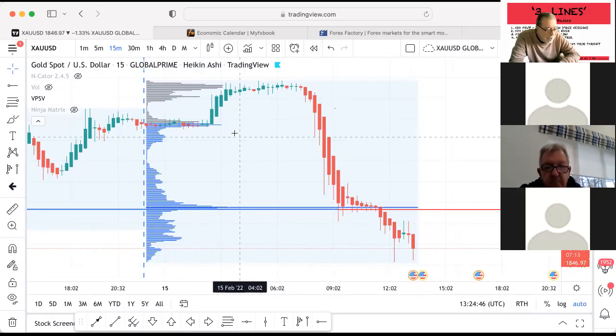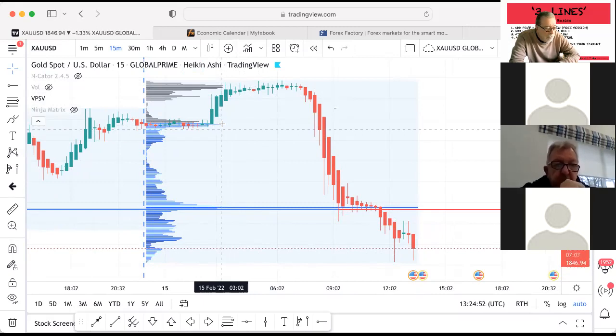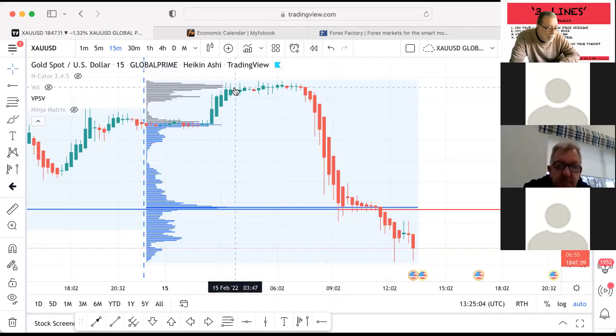But again, if you look up there, there's a very similar level of trading going on. And if you look there, there's a very similar level of trading going on. Now, the reason I'm pointing those out to you is that at some point, price may well go back to those levels. So these may become, they could become a target.